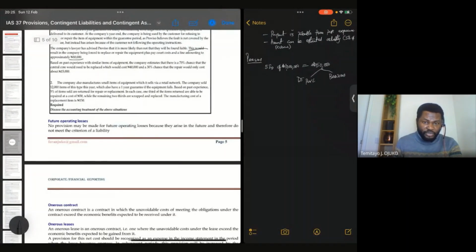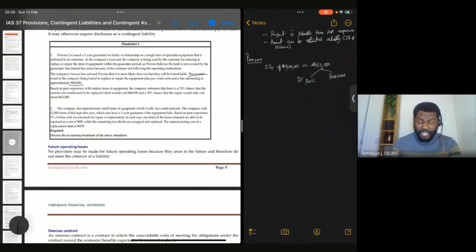In each case, 1/3 of items returned are able to be repaired at a cost of 50, while the remaining 2/3 are scrapped and replaced. The manufacturing cost of a replacement item is 150 naira. Required: discuss the accounting treatment of the above situation.